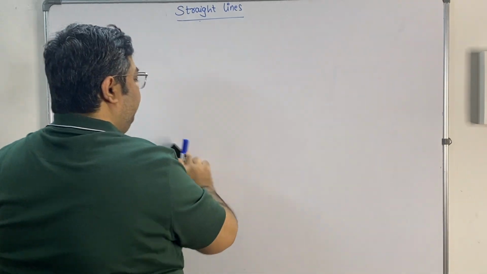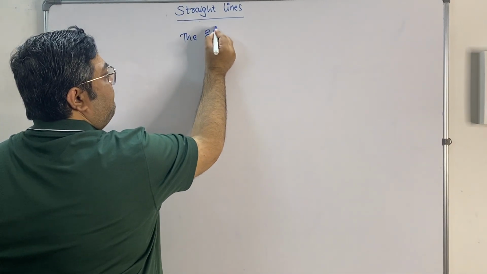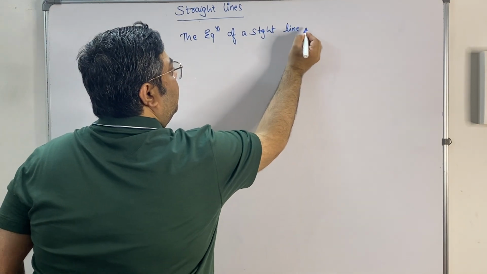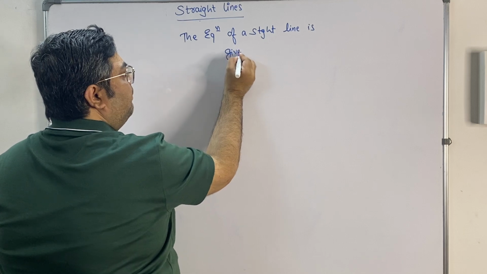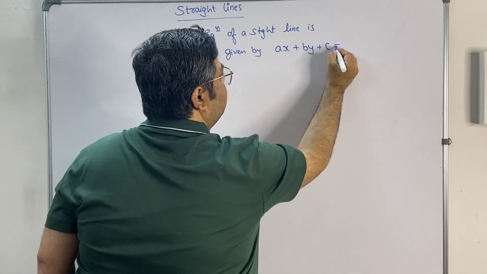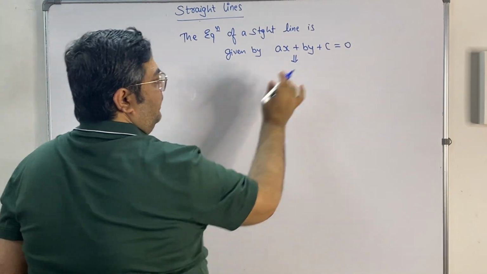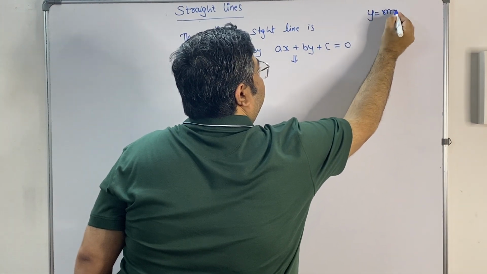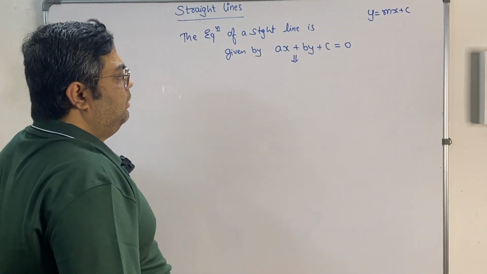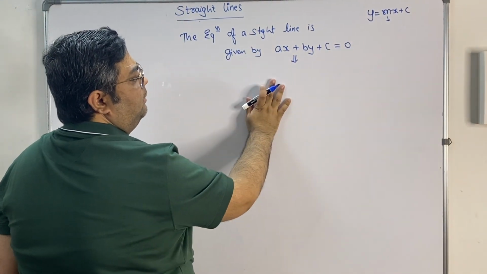There is another concept. We have studied the equation of a straight line given by ax plus by plus c is equal to 0. Now using this we can obtain the slope. आगे जाके हम लोग पढ़ने वाले हैं ये y is equal to mx plus c slope intercept form. उसमें we are going to use this concept, slope कैसे निकाल सकते हैं directly ये m. But for the time being I'll just give you another formula for slope.